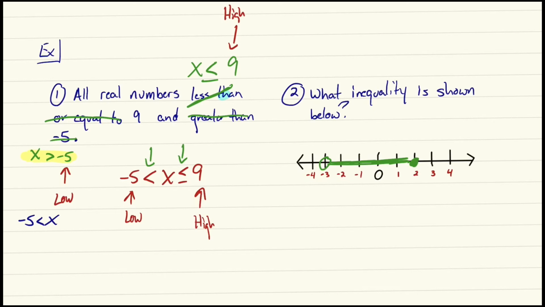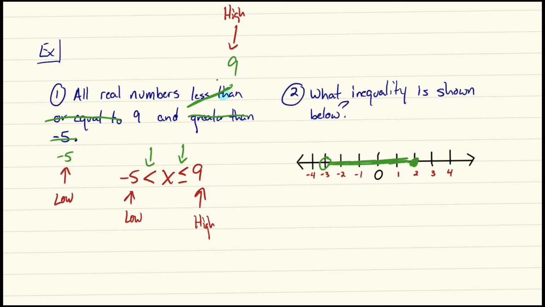So we have that piece and this piece, and they overlap. It just takes a little bit of timing. If it's easier for you, don't worry about all that. Just worry about this: we have a high number of 9, a low number of -5, and x has to go in the middle using less than or less than or equal to signs.